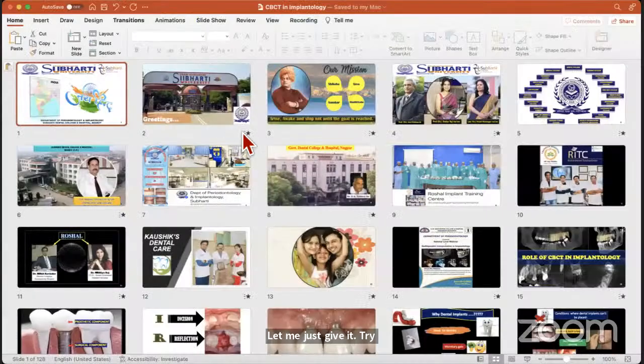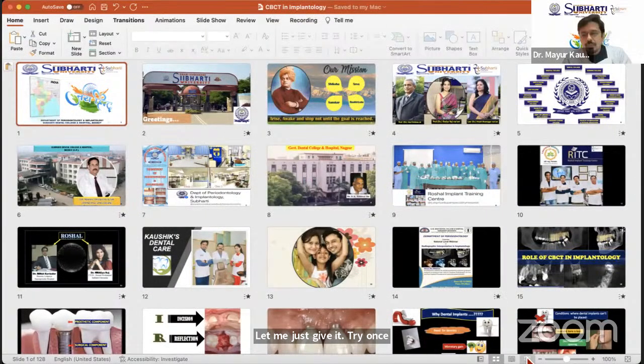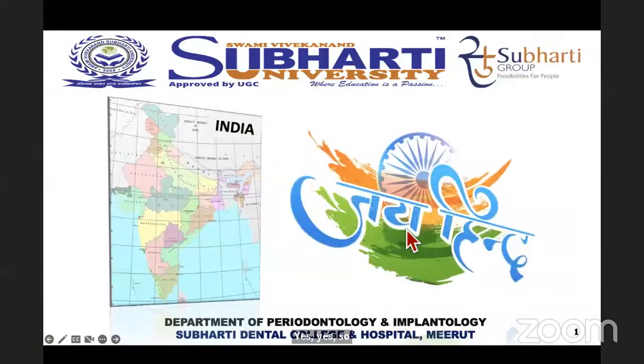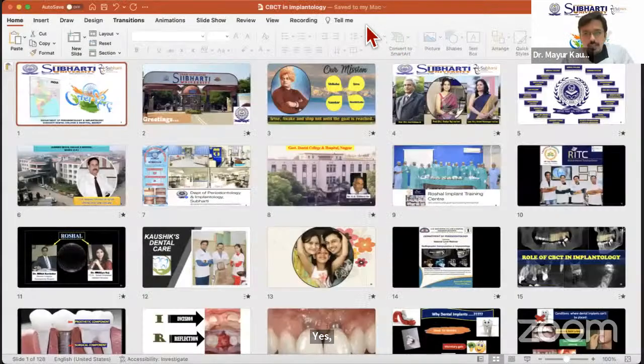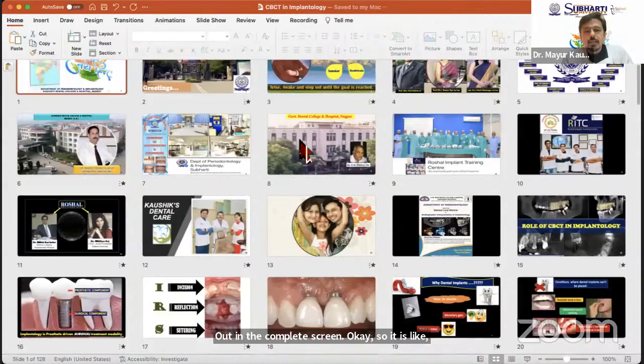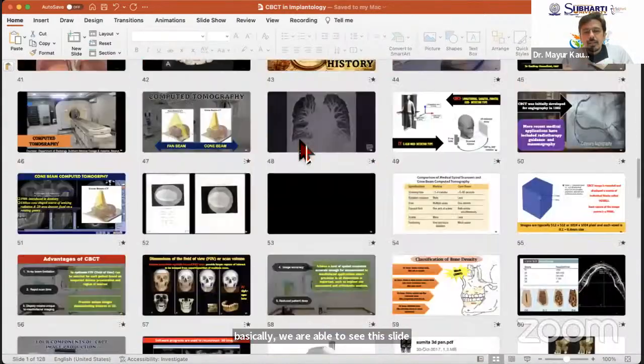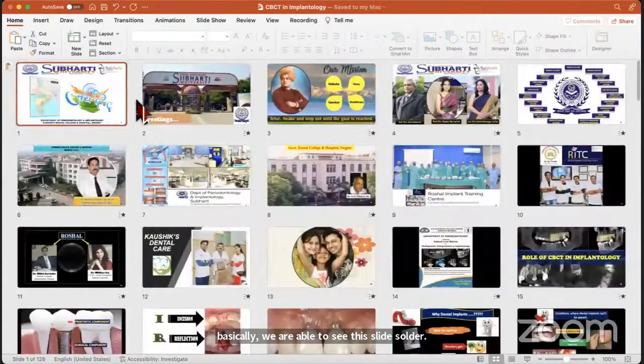Now my slide sorter is visible. Is my first slide visible now? Not in the complete screen, sir.